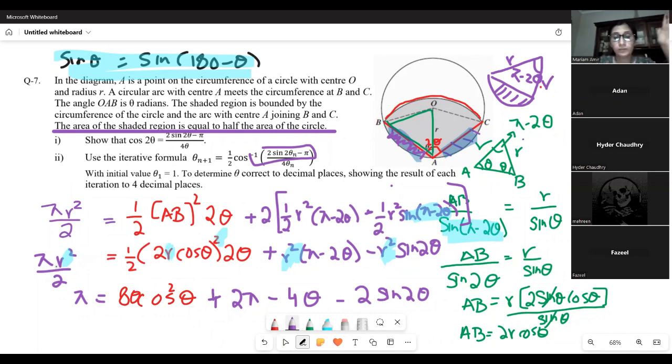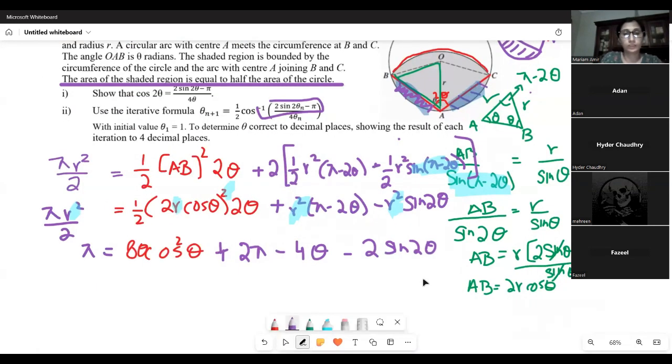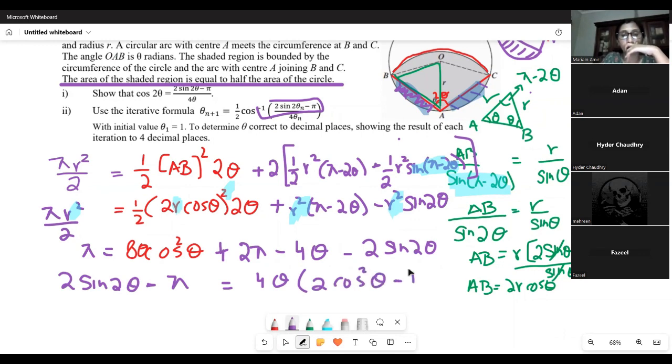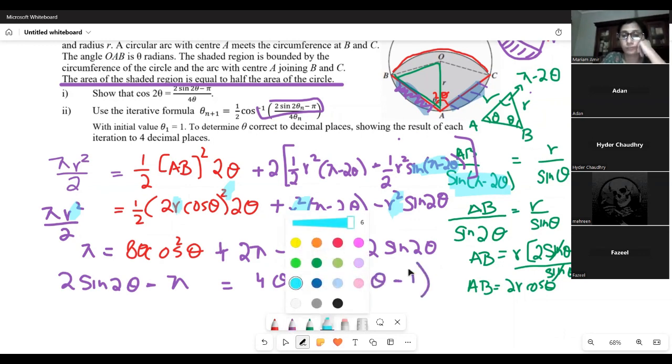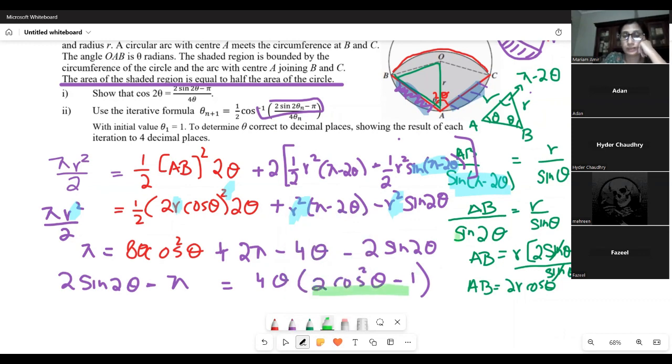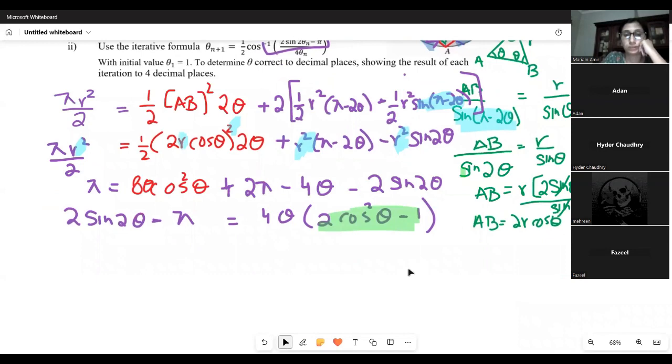Okay. Now I'm sending 2 sine 2 theta to the other side and 2 pi to the other side as well. So we get 2 sine 2 theta minus pi, and at the right hand side we can take 4 theta common. So we have 2 cos square theta minus 1, and from double angle identity, 2 cos square theta minus 1 is cos 2 theta.